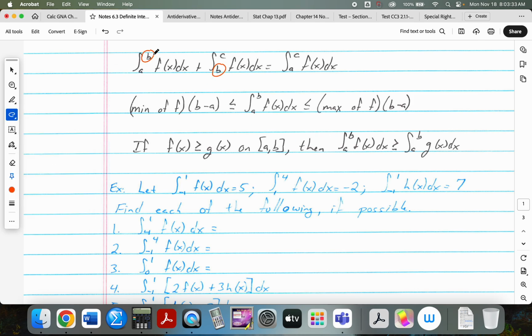So I think of it as picking up where I left off and then going to c is the same as going from a to c. It's a little bit like I took a trip and I was going to San Antonio and I went from here to Buc-ee's, and then I went from Buc-ee's to San Antonio. That's the whole trip. Okay?